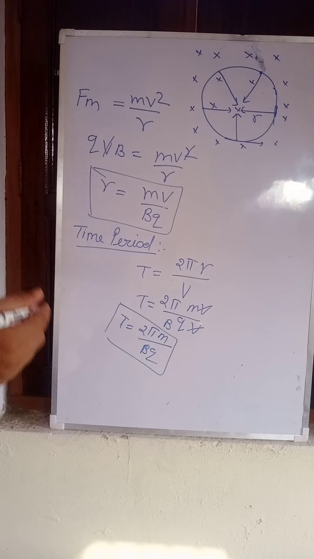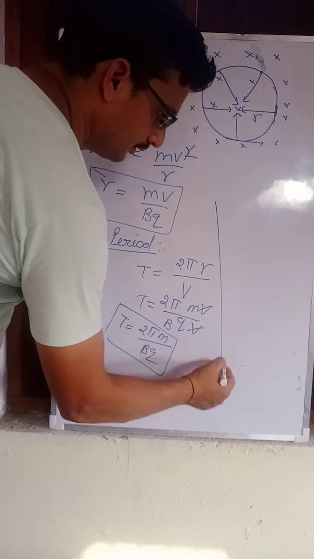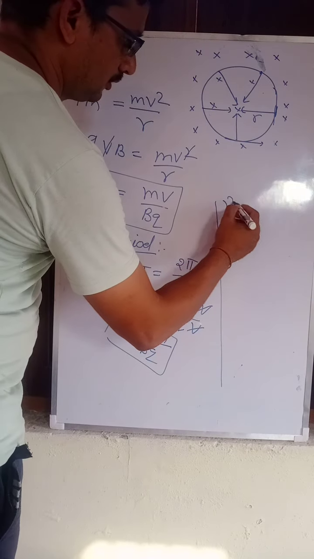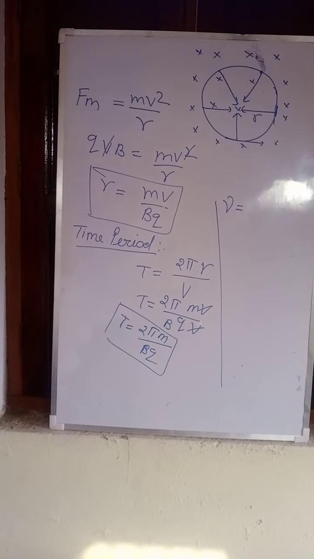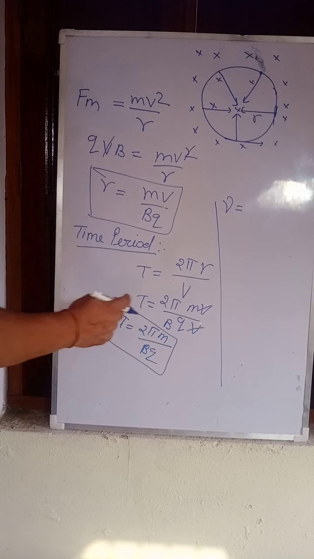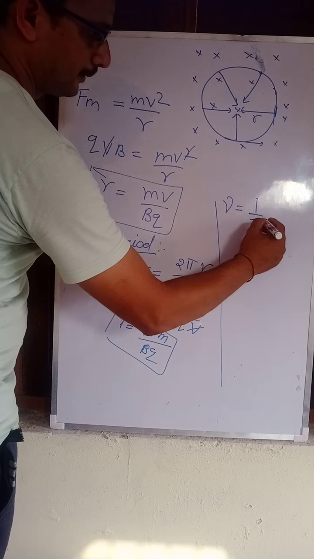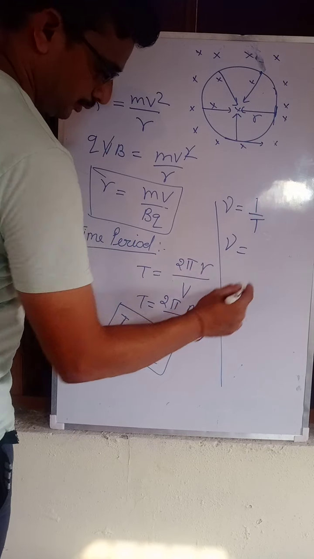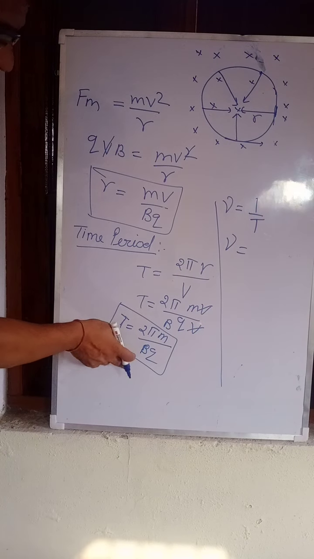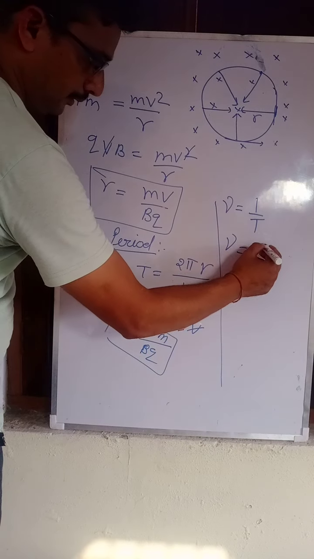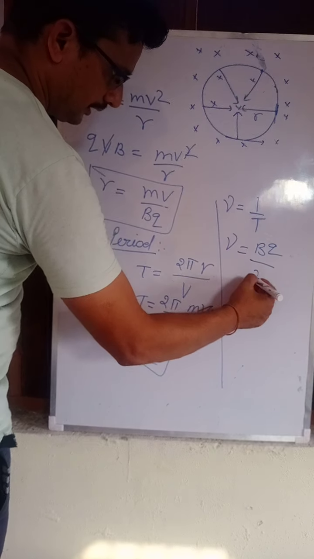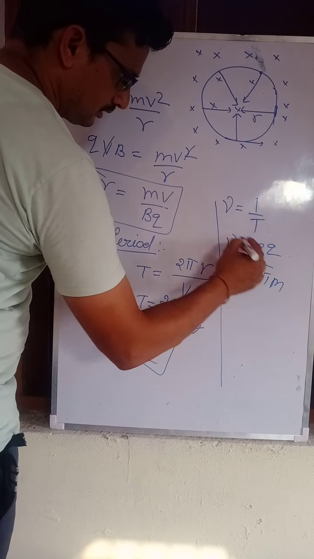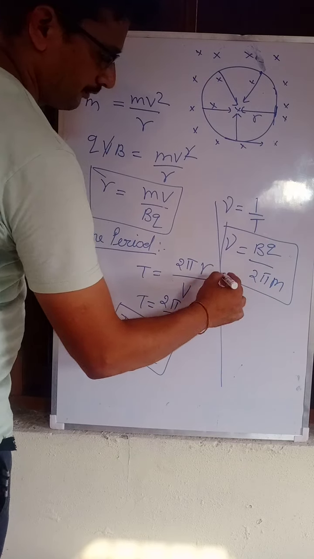Now we can find the last physical quantity, frequency. Frequency means 1 upon time period. We can take the reciprocal of this and find Bq upon 2 pi m. This is the frequency.